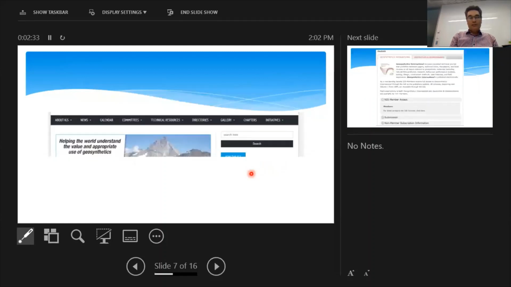Once you're logged in as an ACIGS member, you go to this technical resources tab, and then you click on that little arrow and it gives you an option to access the journals.